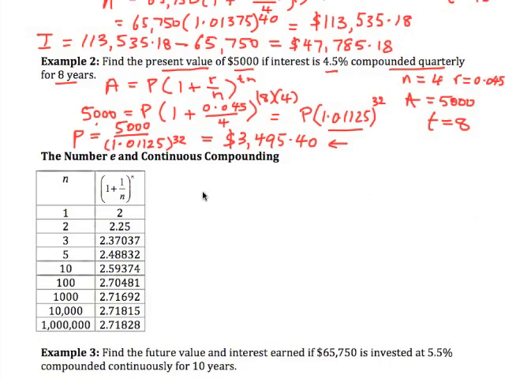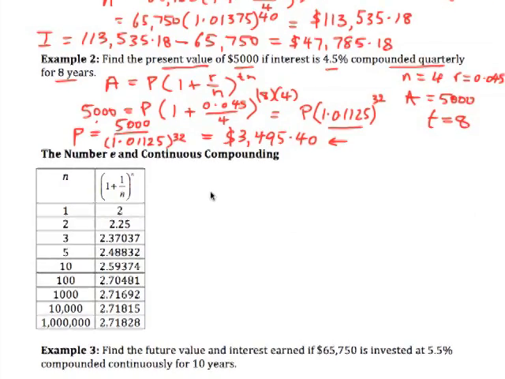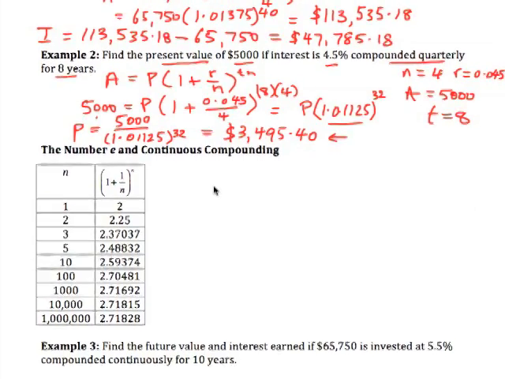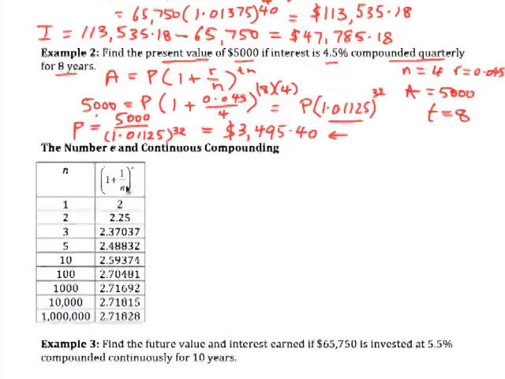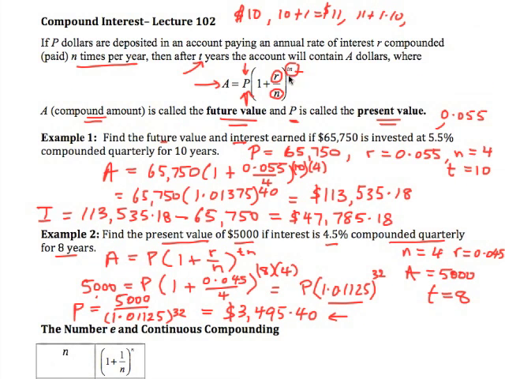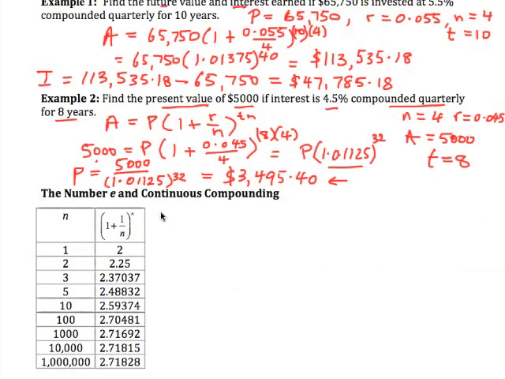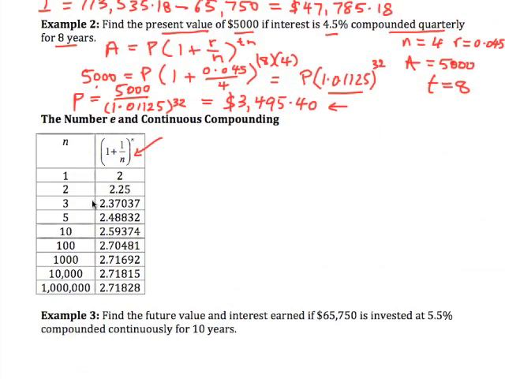Now some interesting things happen here. You'll notice that if I take 1 plus 1 on n, this is very similar to this. Up here the rate is basically 1, and we're doing it for 1 year, and let's suppose we're taking $1. So really what I have is this expression here.